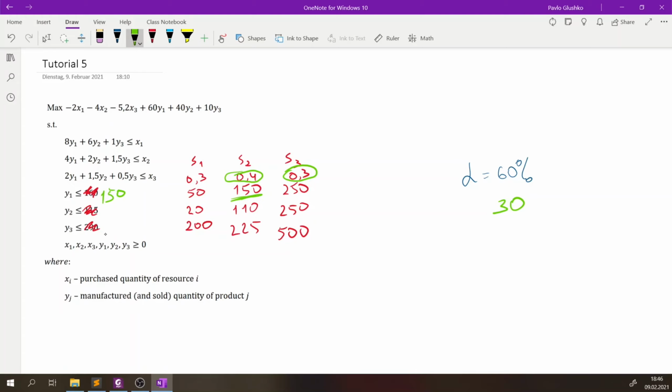But of course, if this y1 is smaller than 150, it will then automatically be smaller than 250. So here we will guarantee the feasibility for 30% of the cases plus 40% of the cases, which is 70% in total.